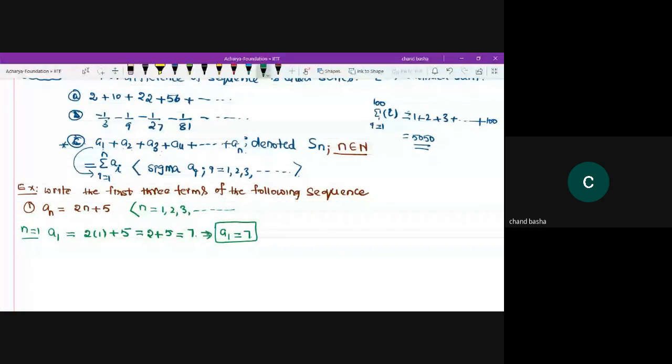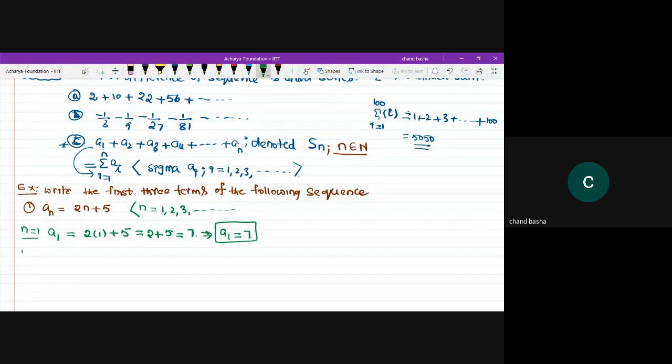The representation of the sequence or a series is denoted by Sn, where n belongs to capital N, the natural number system. Because I have taken the first term, second term, third term, fourth term, and so on, I cannot read as 0th term, minus 1th term, minus 2th term. We cannot read like that. We can count it as first term, second term, third term. So first, second, third means they are numbers from the natural number system. N value will belong to the natural number system.